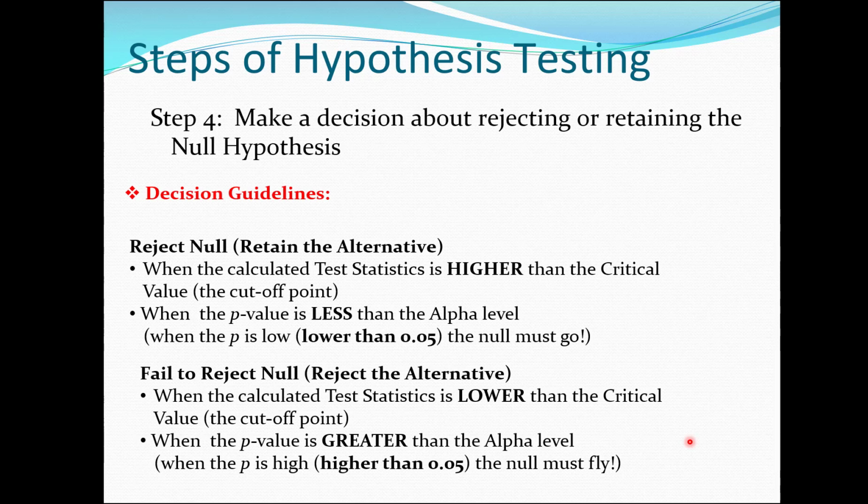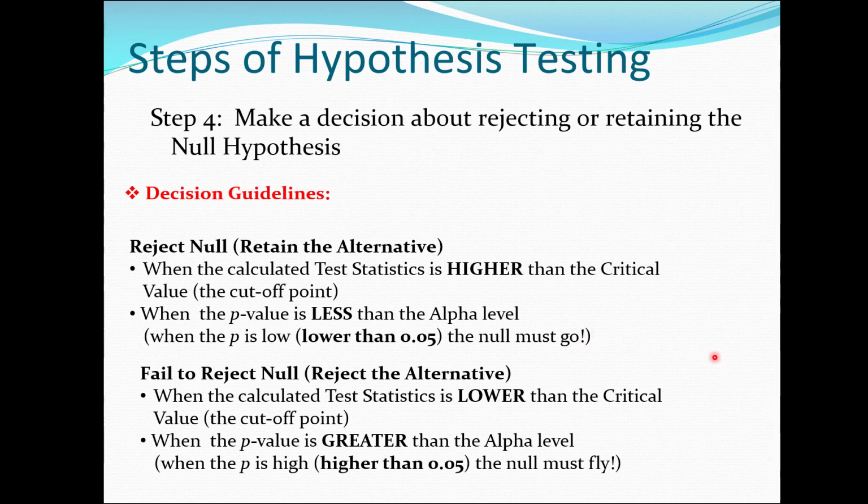If I ask you when you can reject your null hypothesis, your answer will be when the p-value is less than the alpha level, you're going to reject the null. If I ask you when you will fail to reject the null, your answer will be when the p-value is greater than the alpha level, you're going to fail to reject the null.